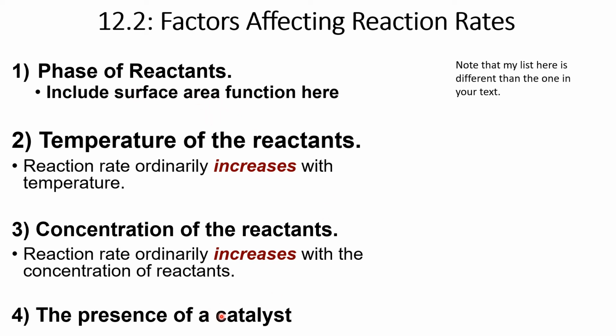Now, number 4 down here is the presence of a catalyst. What a catalyst does is it speeds up a reaction, often by controlling the orientation of different reactants, or otherwise changing some of the function of how fast it can go.